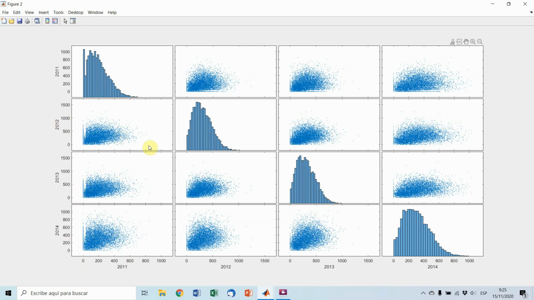The horizontal line is the opposite: they bought something in 2011, but didn't buy in 2012. So the vertical lines are customers appearing, and the horizontal lines are customers disappearing from one year to the next.